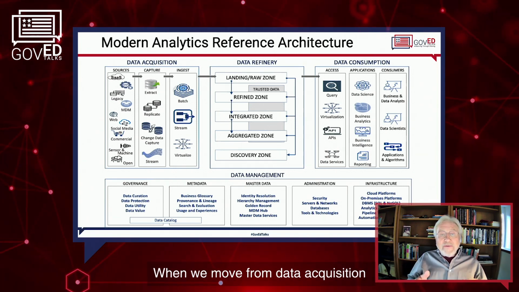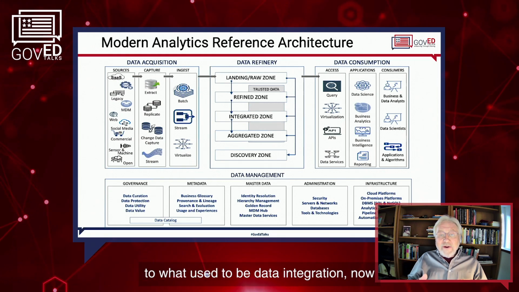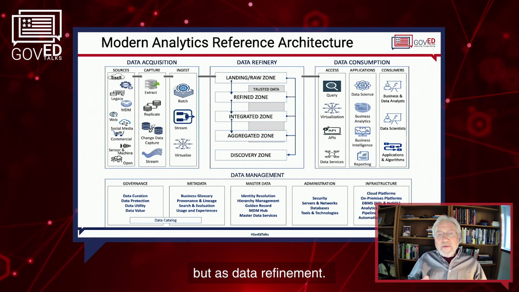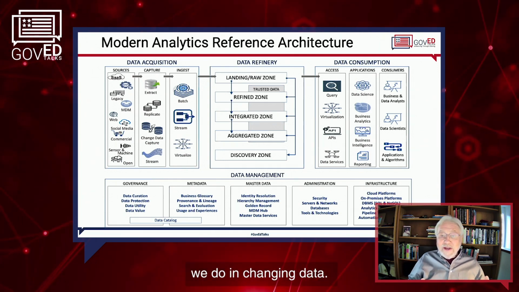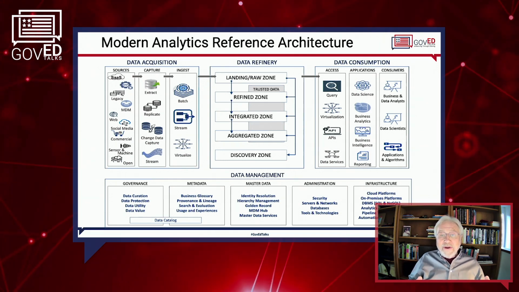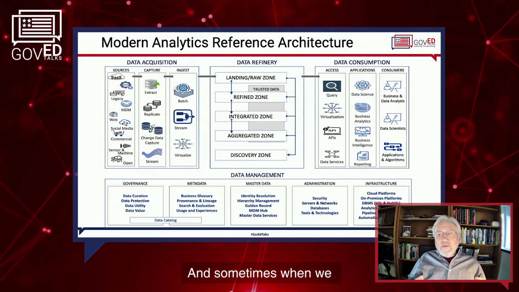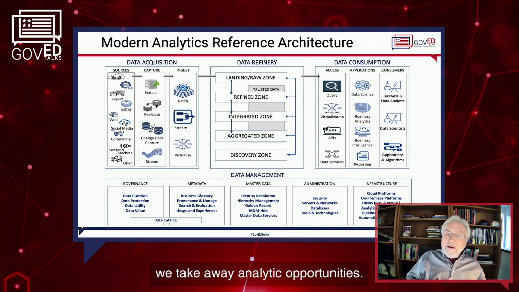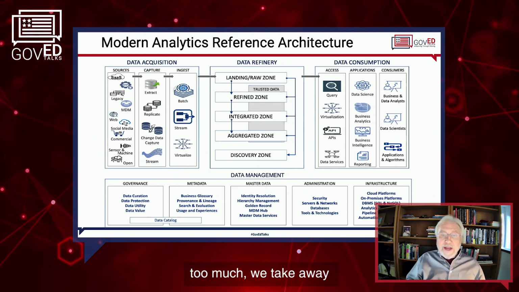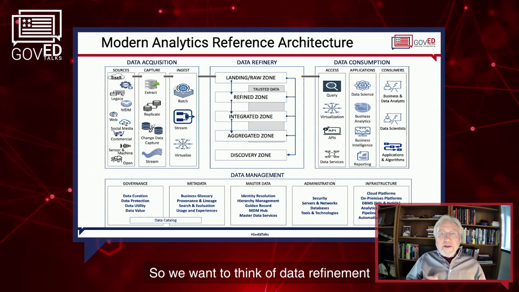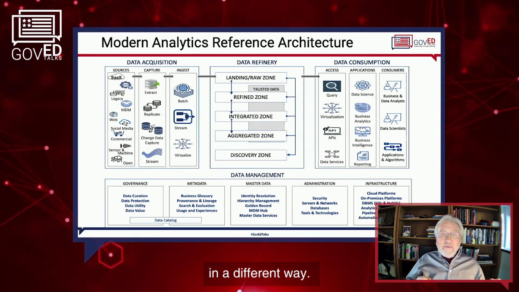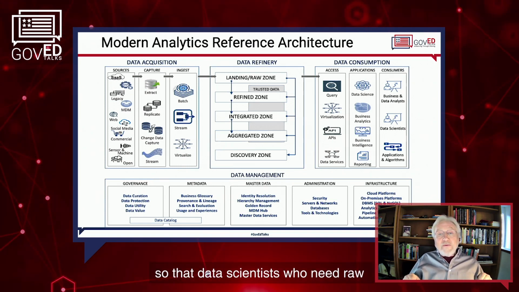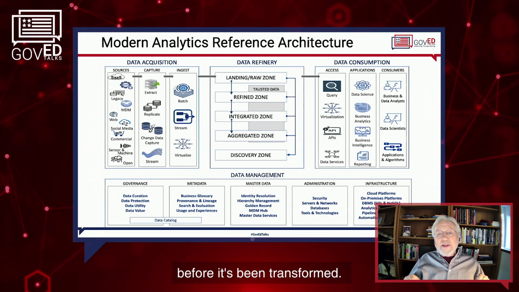When we move from data acquisition to what used to be data integration, now we want to think of it not as integration, but as data refinement. There are so many things we do in changing data, and it's not always integration. And sometimes when we integrate data too much in a data warehousing style, we take away analytic opportunities. When we cleanse data too much, we take away analytic opportunities. So we want to think of data refinement in a different way. We want to land data in its raw form so that data scientists who need raw data can get to it before it's been transformed.